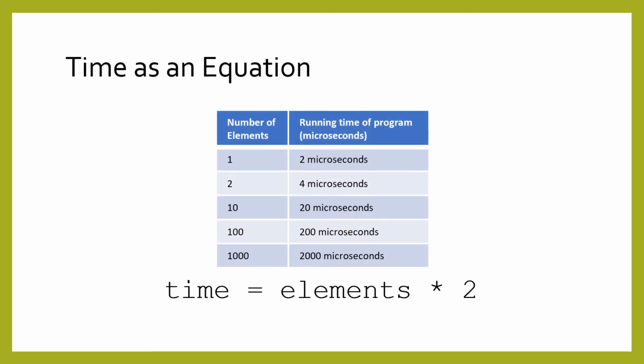A mathematical function establishes a relationship between one value and another value, unlike a programming function. This mathematical function, or equation, can be determined by analyzing the trend over a bunch of example inputs and outputs. In the table shown here, we match the number of elements with the running time of the program that we measured. Careful analysis reveals that in this case, the relationship is that every new element takes 2 additional microseconds of work.